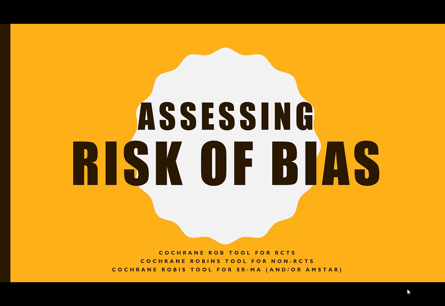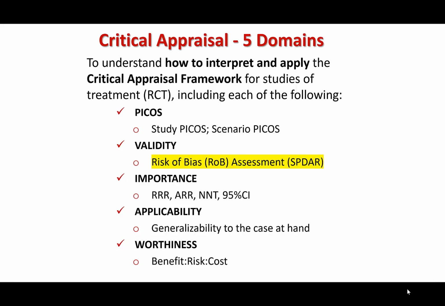So when we're talking about assessing risk of bias, we typically think about that Cochrane risk of bias tool, SPDAR, and we insert that into those 5 questions that we ask when we're critically appraising a randomized controlled trial, or when we're critically appraising a series of randomized controlled trials in a systematic review and meta-analysis.